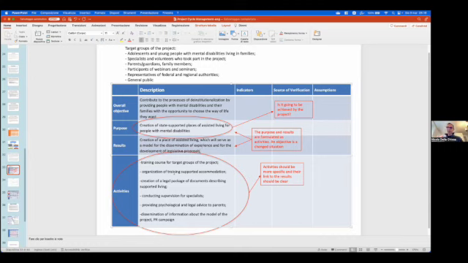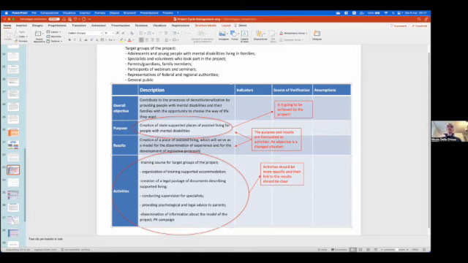This is the importance of the results. So if you have specific results in this section and you link the activities to each result, it is then much more clear why the activities are realized and what is the immediate objective of the activities.